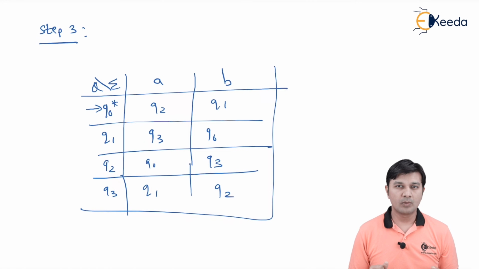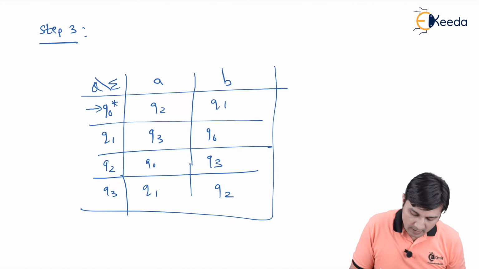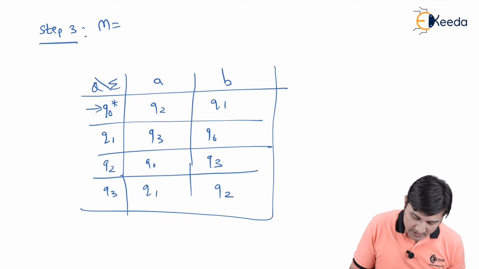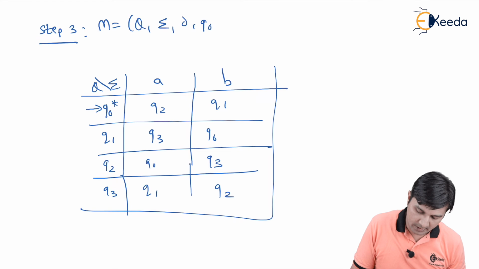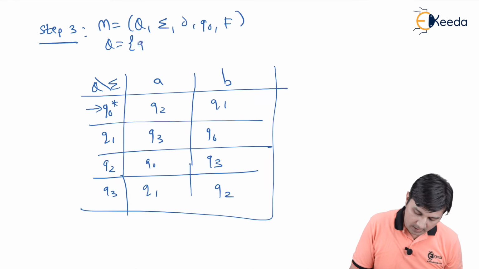If you remember, what was the mathematical representation for a DFA? I used to say a DFA is mathematically represented as M is equal to Q, summation, del, Q0, F, where Q is nothing but the finite set of states, which I see over here are Q0, Q1, Q2, Q3.